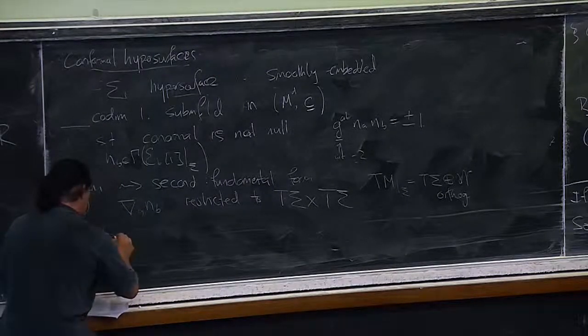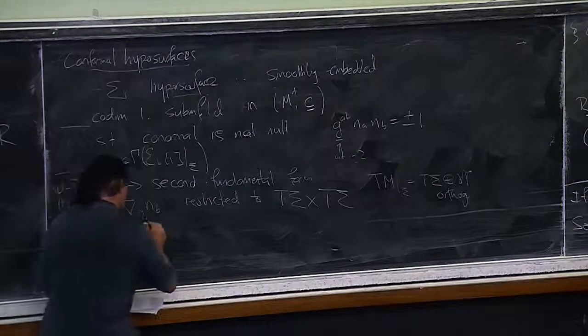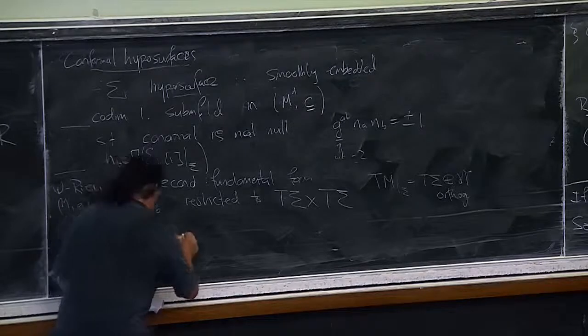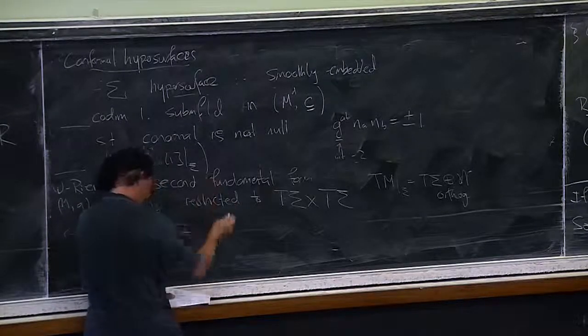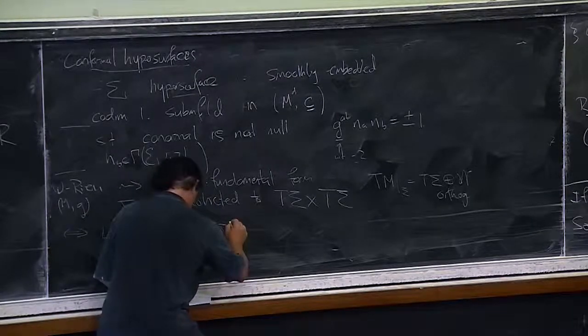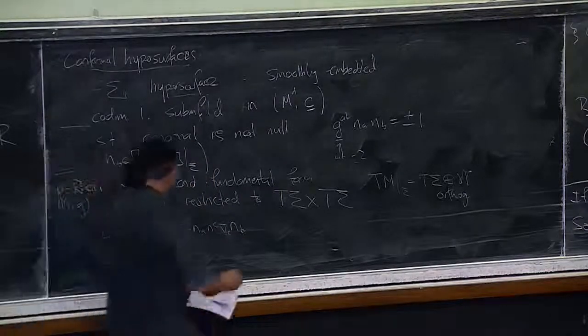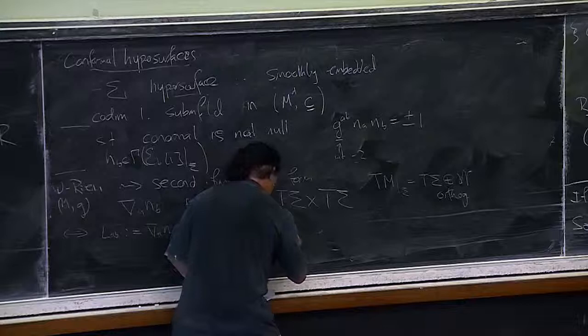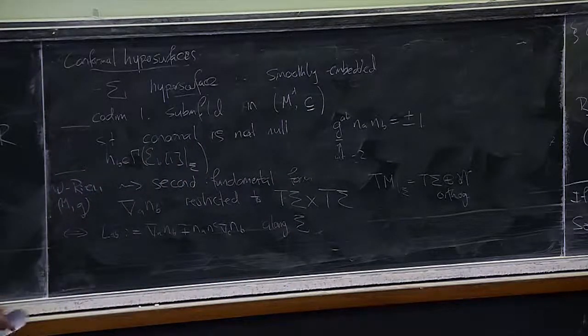Then L_{AB}, and we'll just take this basically as a definition, is ∇_A n_B minus or plus, depending on the sign of n, n_A n^C ∇_C n_B, along sigma. That's a formula for the second fundamental form.